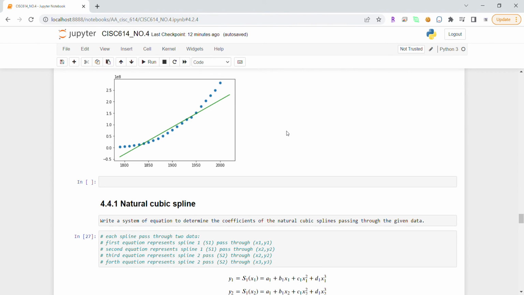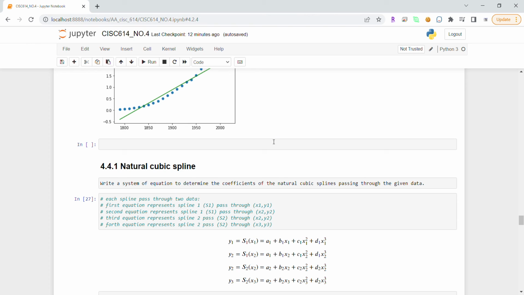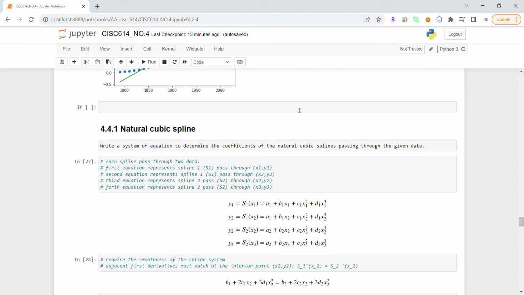So my last problem is to write a system of equations to determine the coefficients of the natural cubic splines passing through the given data. In order to determine the system of equations, we need some constraints.